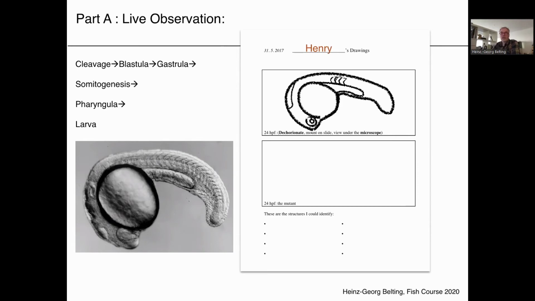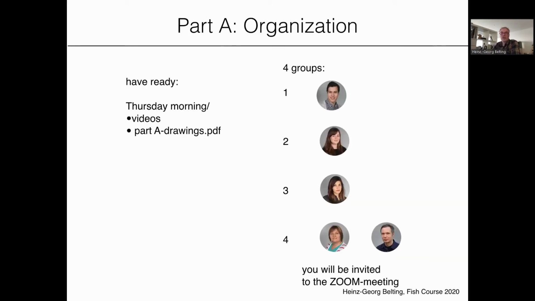We don't do that anymore, so we do it now all online. So what you need to have ready on your desktop or on your laptop at home are the videos and the part A drawings. That's a PDF that is helpful for the discussion. So you should have those things open side by side.